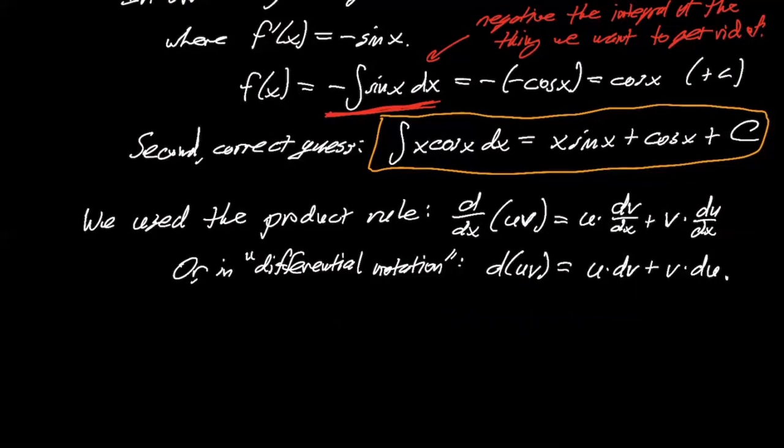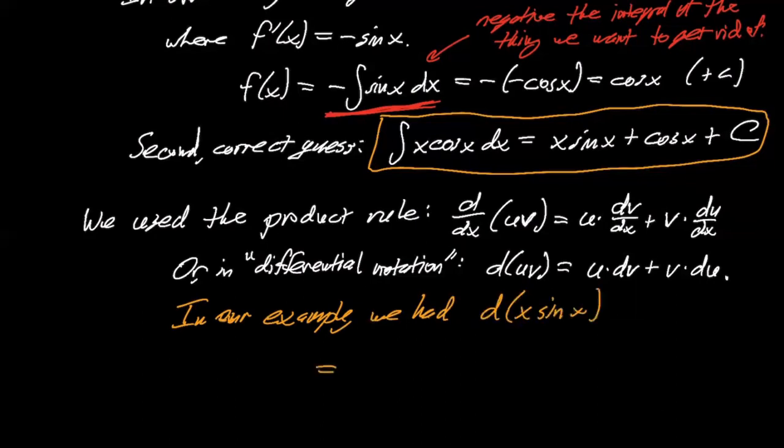So in our example, we had d of x sine x. And according to this formula, it's x times d of sine x plus sine x times dx.